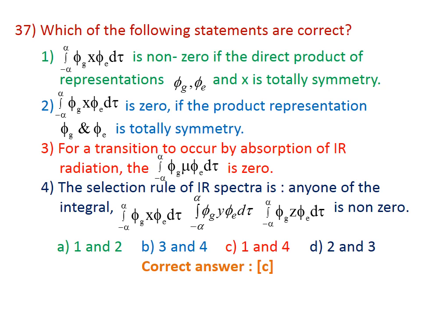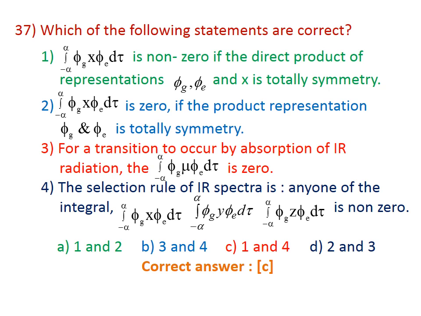The integral of psi g x psi e d tau is 0 if the product of the representations psi g and psi e is totally symmetric. It is wrong. The third one: for a transition to occur by absorption of IR radiation, the integral of psi g mu psi e d tau is equal to 0.